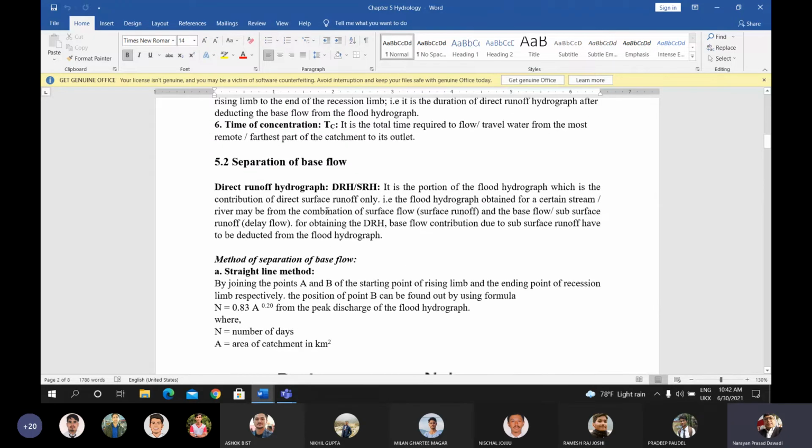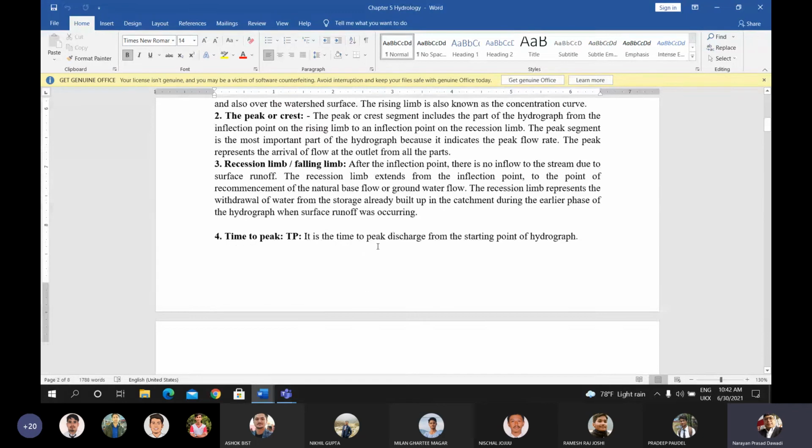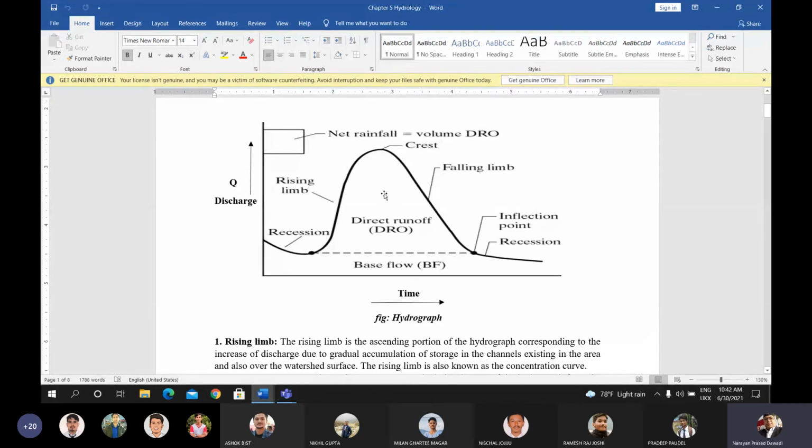Okay, now separation of base flow. I have already told you that from the flood hydrograph, you deduct the base flow contribution, that is the discharge due to the subsurface flow or delay flow, the flow which does not provide a quick response.